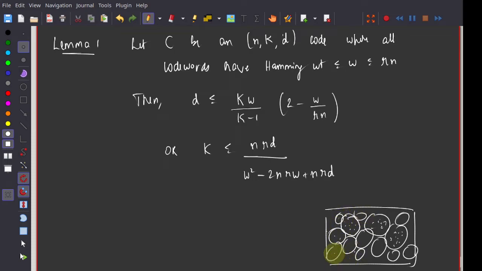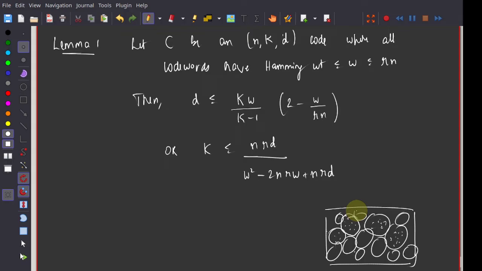What do I get? I get that the number of code words within this ball can't be more than a certain number. Same thing happens within this ball, and so on. So within each ball, I can't have more than a polynomial number of code words, but the number of balls is exponential in n. So overall, I'll get an exponential bound in terms of the code.